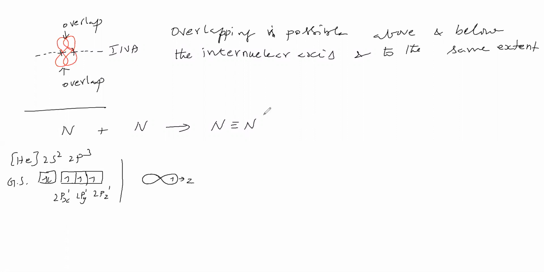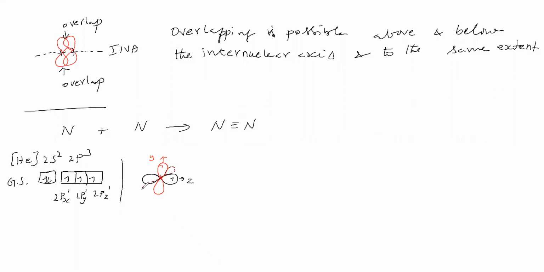Next, we take a 2py orbital, which is perpendicular to the z-axis. Next, we take a 2px orbital, which is perpendicular to both y and z.